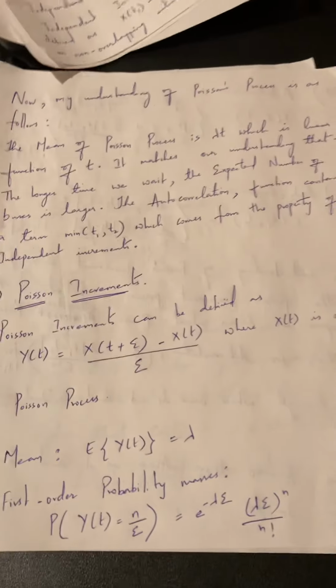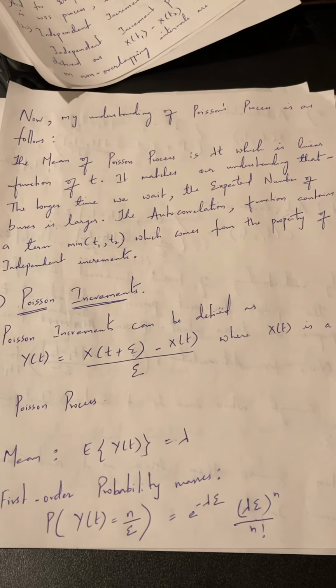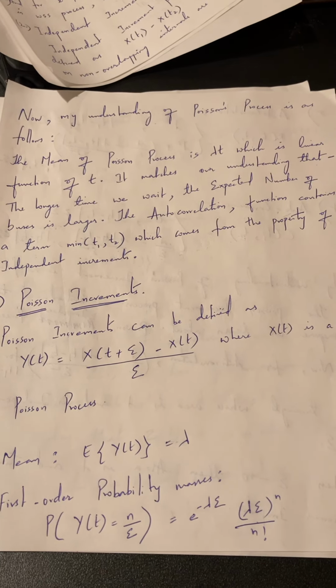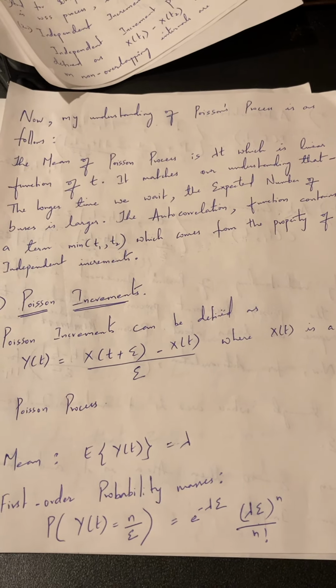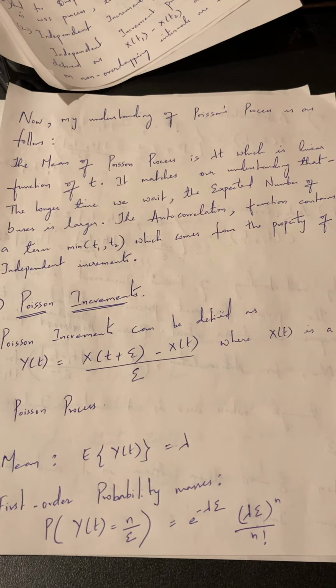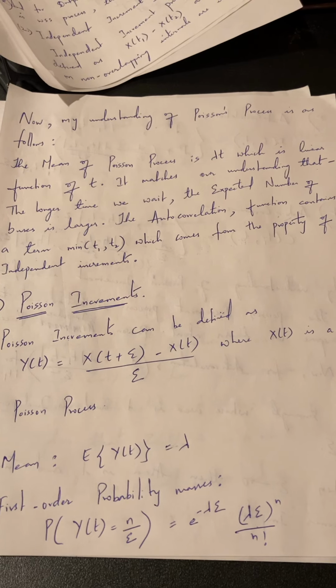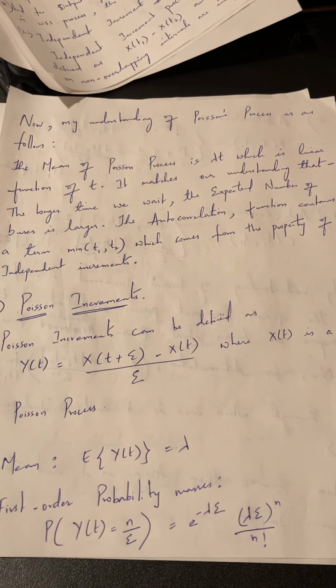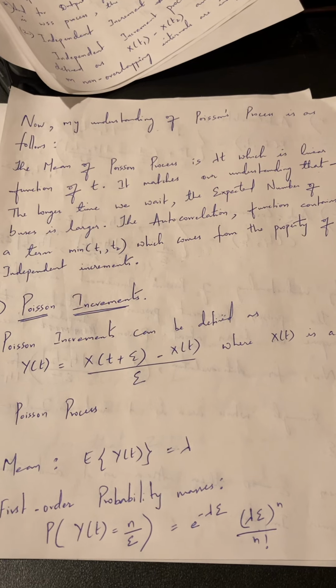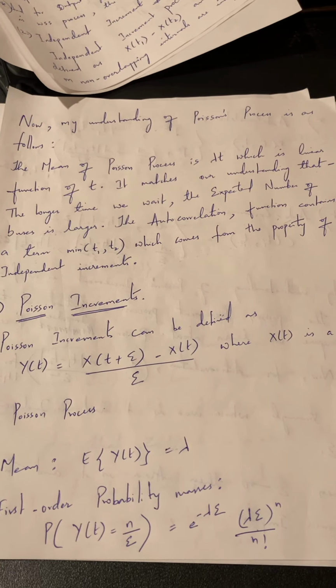So by Poisson's process, I understand that the mean lambda t is a linear function of t. It matches our expectation that the longer we wait, the expected number will be larger.